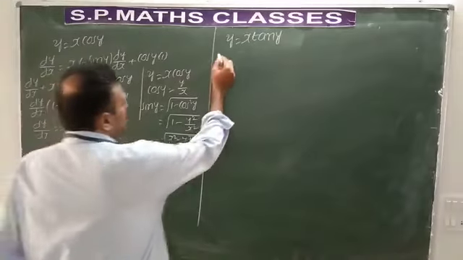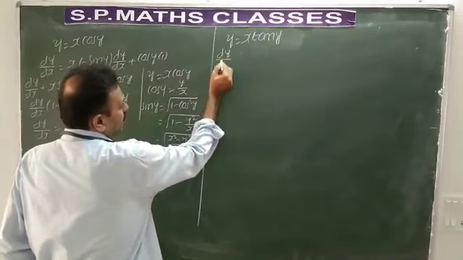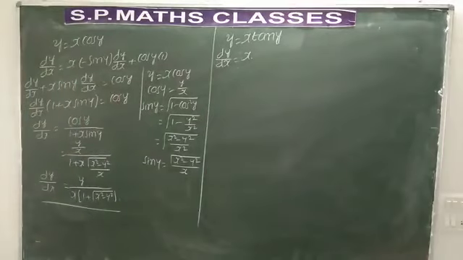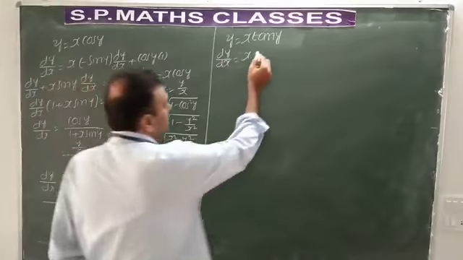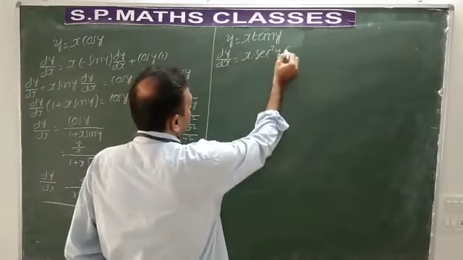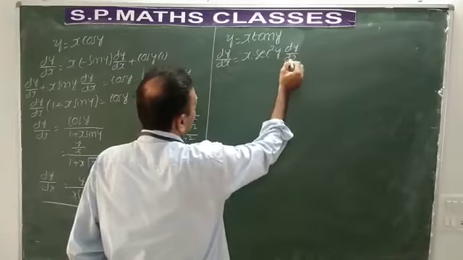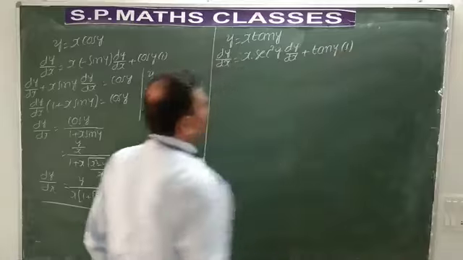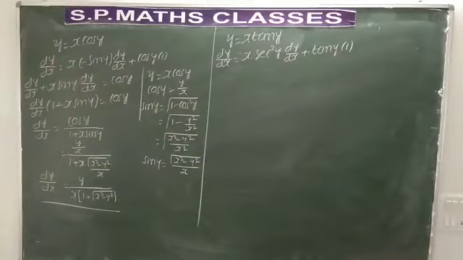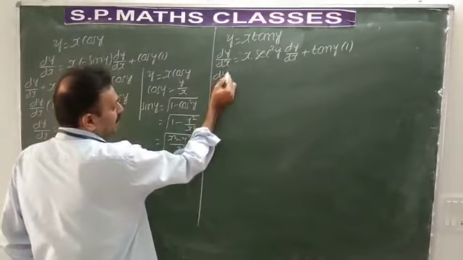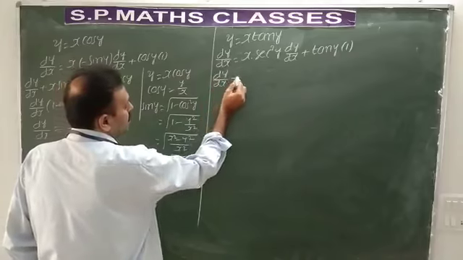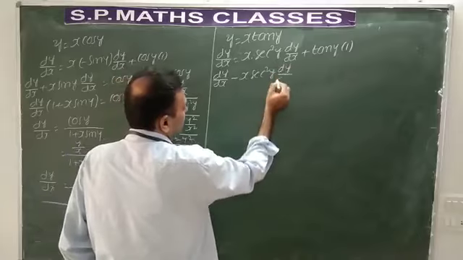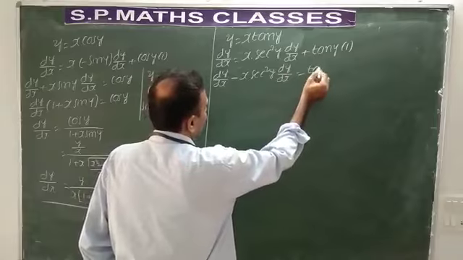Now, let us differentiate. So, dy by dx is equal to, on the RHS, you have to apply the product rule. First function, derivative of the second, secant square y into dy by dx. Second function, tan y, derivative of the first is 1, x is 1. dy by dx minus x into secant square y into dy by dx is equal to tan y.